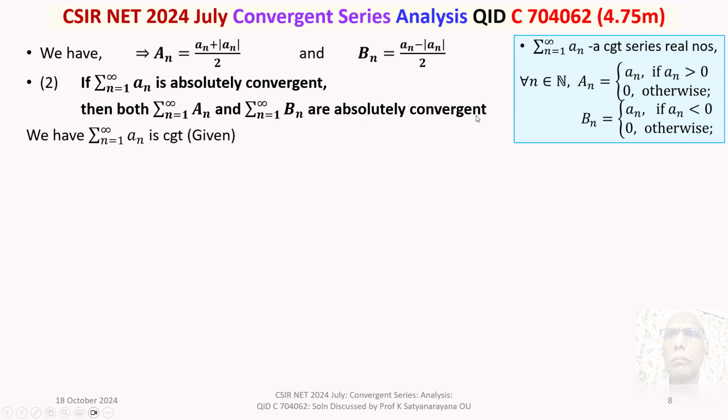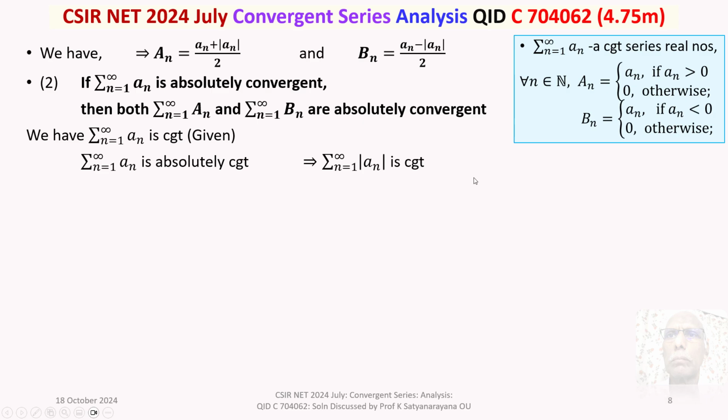Sigma An is convergent, it is given. And in option 2, you have to take sigma An as absolutely convergent. So sigma An is absolutely convergent. That implies sigma mod An is convergent. Right? Absolute convergence means this only.